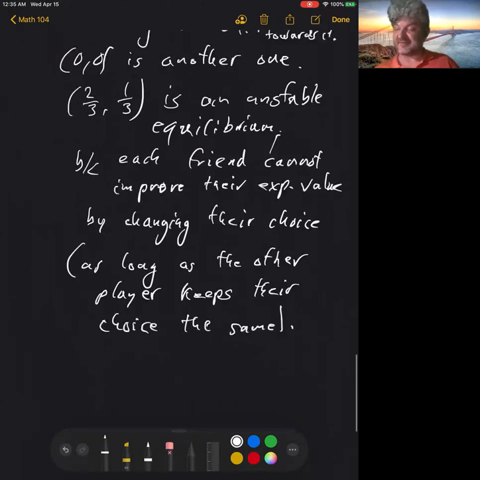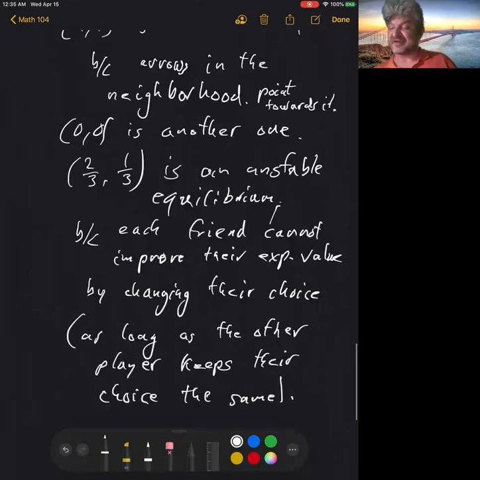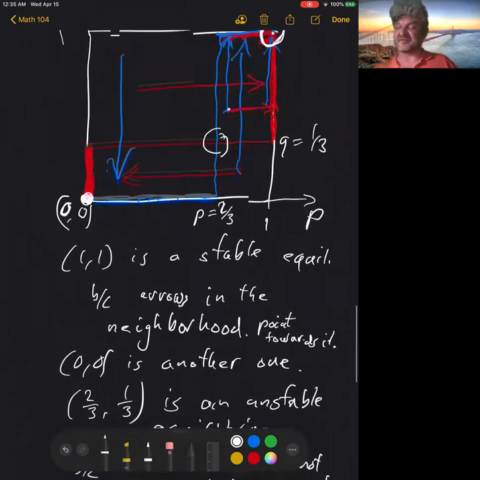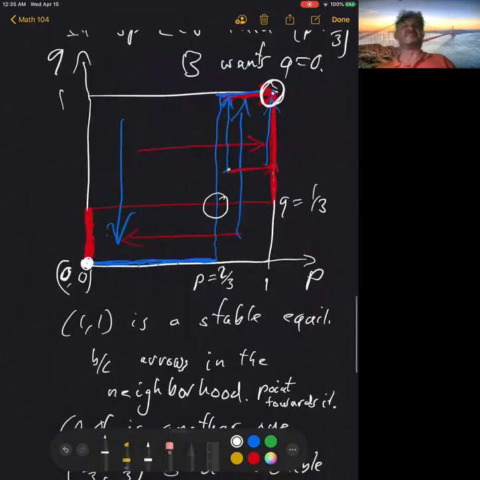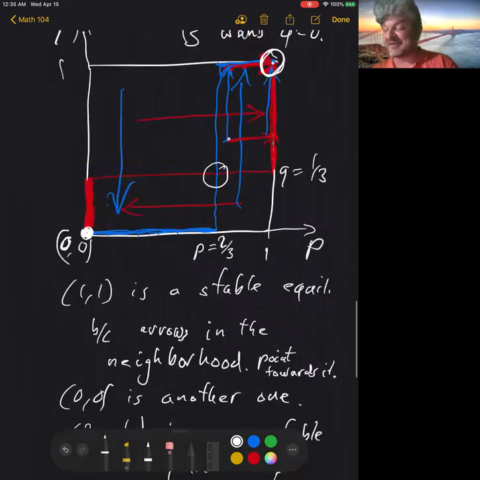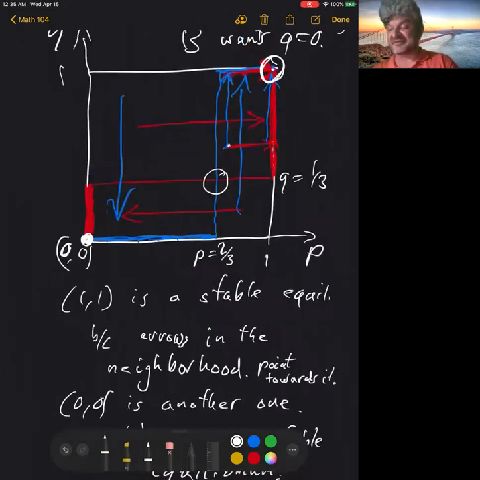Now, if red changes a little bit, you travel along the red line, and that doesn't change anything for red. If blue changes a little bit, nothing changes for blue. But if both of them change at the same time, even just a teensy amount, you could travel diagonally towards the top right, and then they would both say, hey, we're not good here. We want to go somewhere else. And so they drift away from that equilibrium and end up in the top right corner.